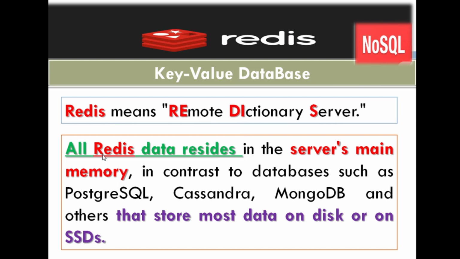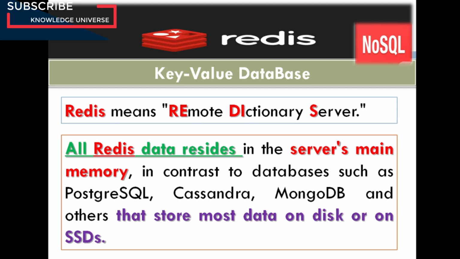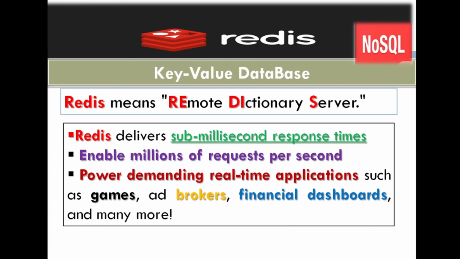With Redis, all data resides in the server's main memory, in contrast to databases such as PostgreSQL, MySQL, Cassandra, MongoDB and others, that store most data on disk or on SSDs. Redis delivers sub-millisecond response times that enable millions of requests per second.